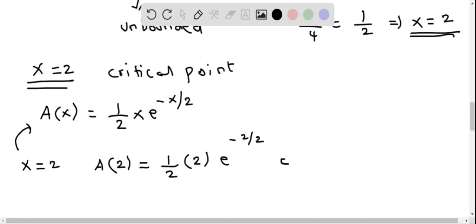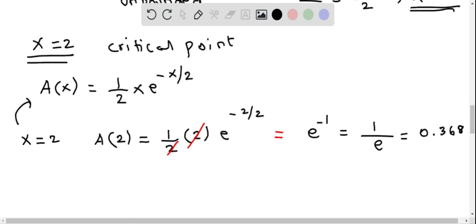So we can cancel a few terms over here. This 2 and 2 will get cancelled, and this is e power minus 1, which is equal to 1 by e. And we plug this into the calculator. Approximately we get the value as 0.368. Okay, so this is the area we get when we plug in x equal to 2.